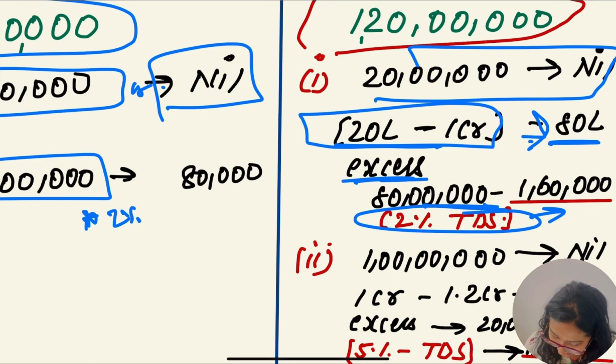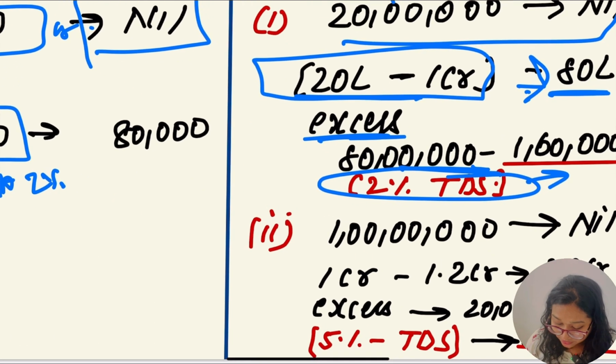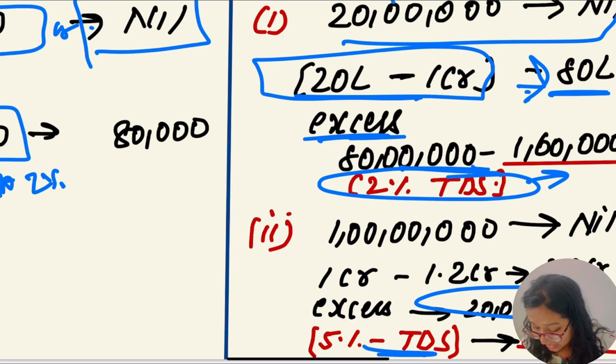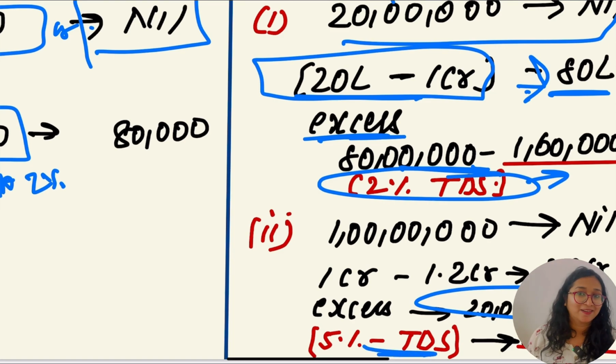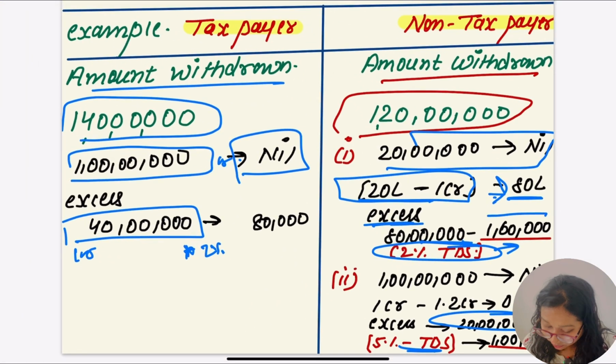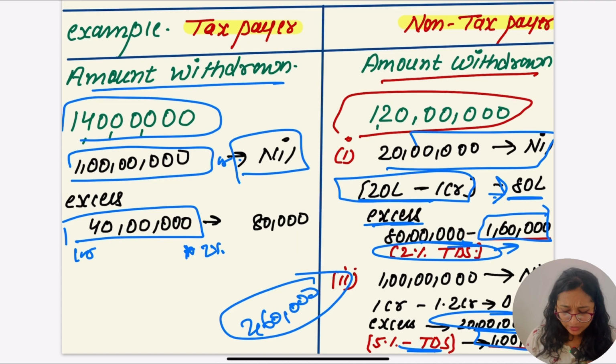For this 20 lakh, the rate is going to be 5%, and the amount is going to be 1 lakh. So in this case, for non-taxpayer, TDS payable is going to be 2,60,000. Hope you get my point.